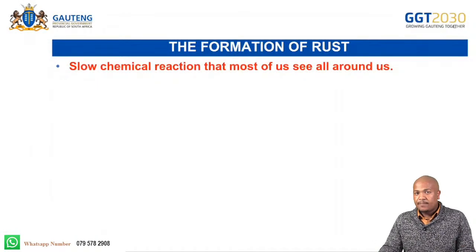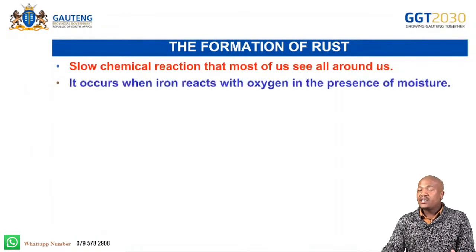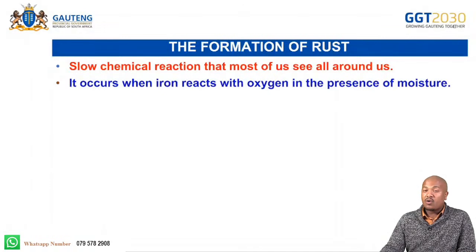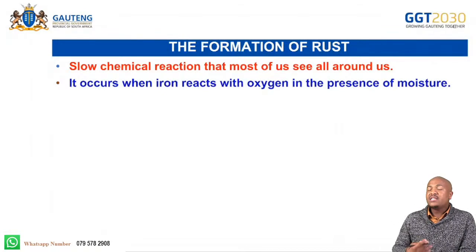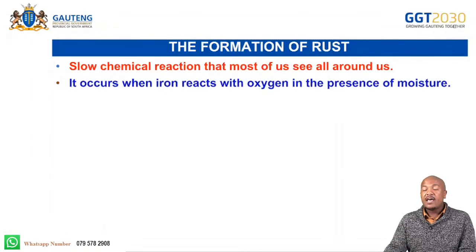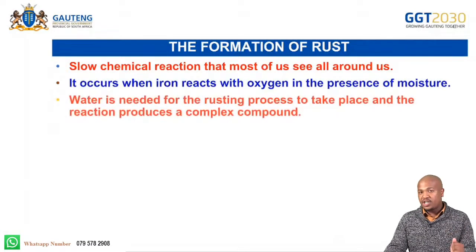So now, we said rust is a slow chemical reaction that most of us see all around us. We walk around, we see rusted bicycles, rusted cars, rusted fences, and so on. It occurs when iron reacts with oxygen in the presence of moisture.